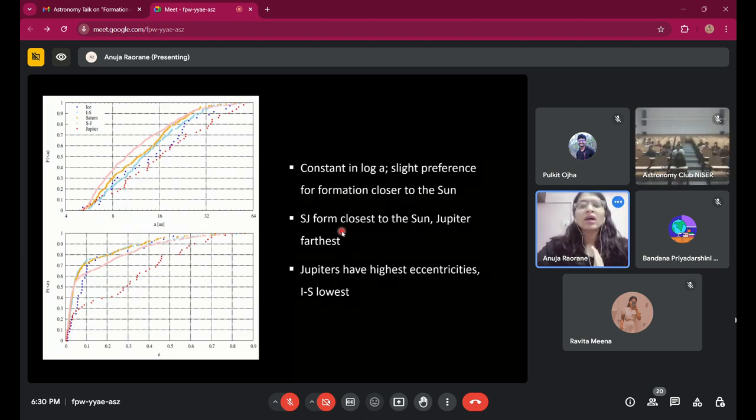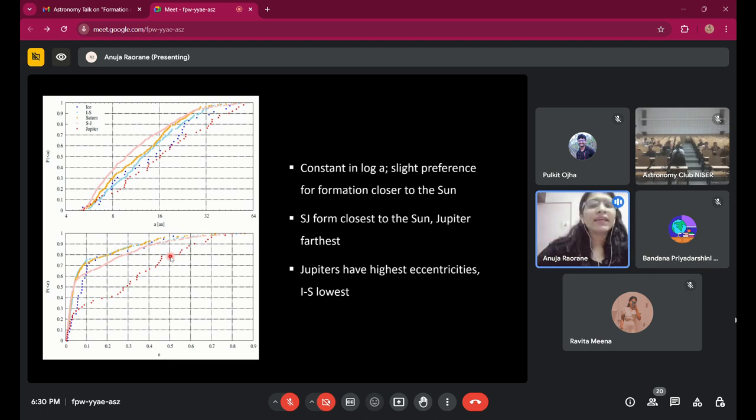And we also saw that Jupiters have the highest eccentricity. The red part is the Jupiter. As you can see, like 80% of other analog planets have very low eccentricity, but for Jupiters, around 50% to 80% have more than 0.5 eccentricity.